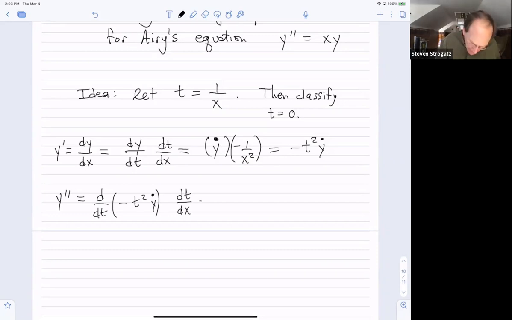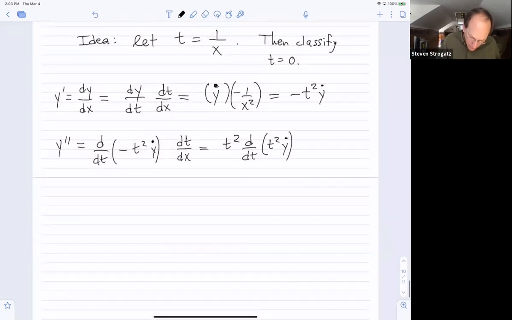And so I'm getting t squared d/dt of t squared y dot. And when you write that out with the product rule, you get y double prime is t to the fourth y double dot plus 2t cubed y dot.